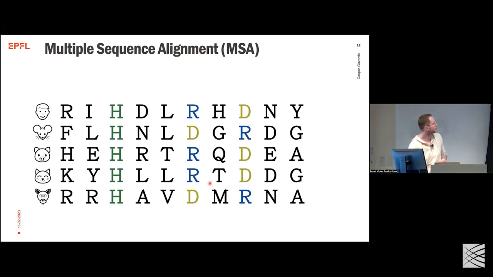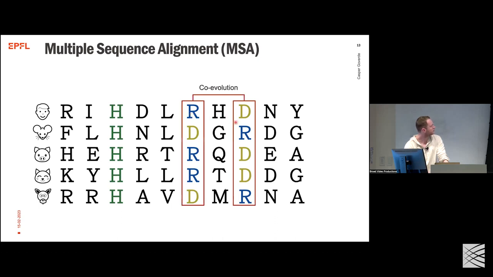So if you have this positive and negative charge close together, if one of them would mutate, they both would become positive or both negative, they would repel and the protein might unfold and become unstable. So these tend to mutate together in a correlated manner. And this is something we call co-evolution, and this is very, very powerful. This contains a lot of information about protein structures.